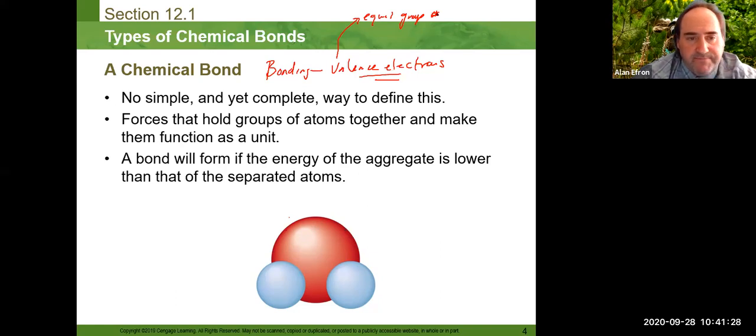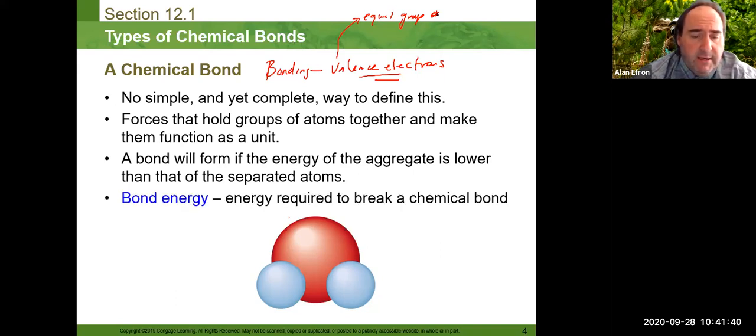So when a bond forms, or you want to break a bond, there's a certain amount of energy associated with that process, and that's what's known as bond energy. Bond energy is sometimes referred to as bond enthalpy, like delta H we talked about.